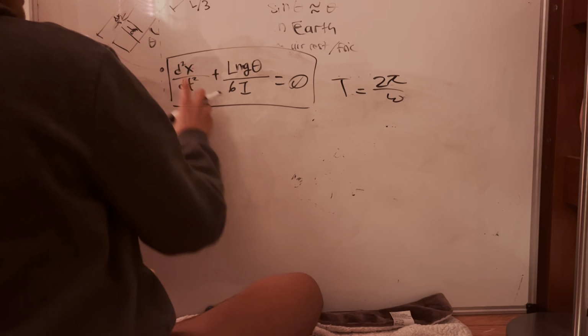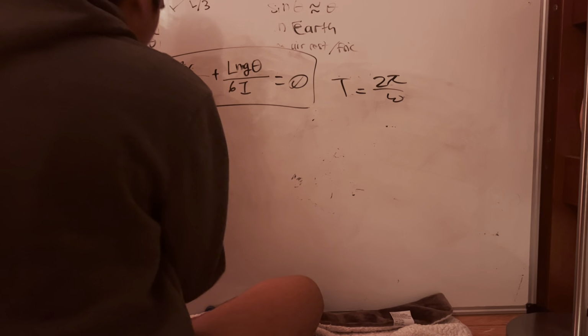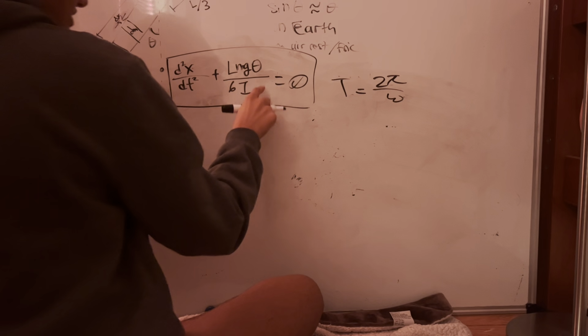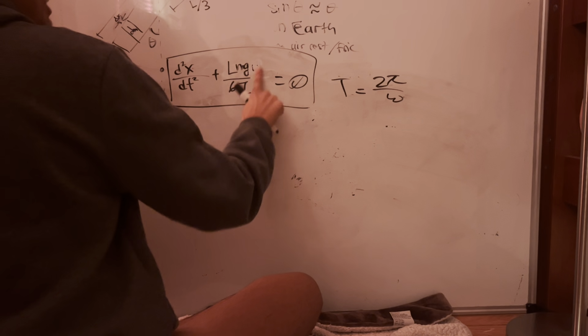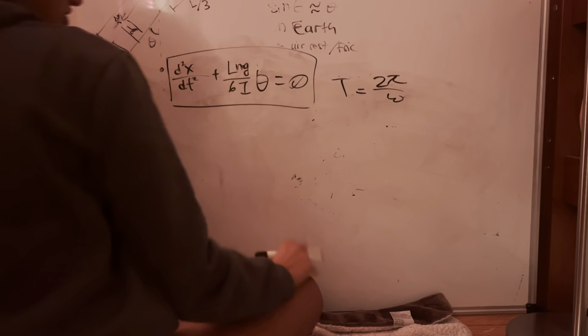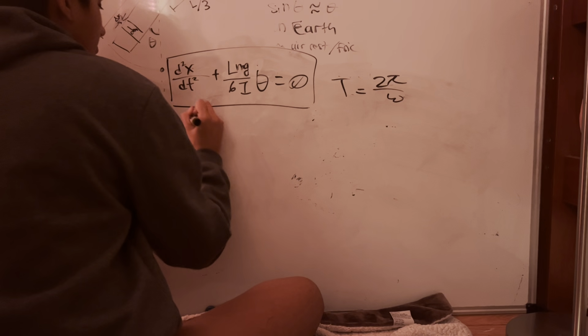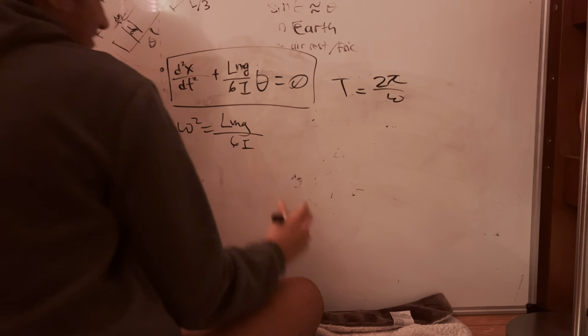The general form is just the acceleration plus omega squared x equals 0. This is basically the same thing, because remember, since we're doing this in terms of angular terms, theta is equal to our x, which means that this is equal to our omega squared. So omega squared is equal to L mg over 6I.